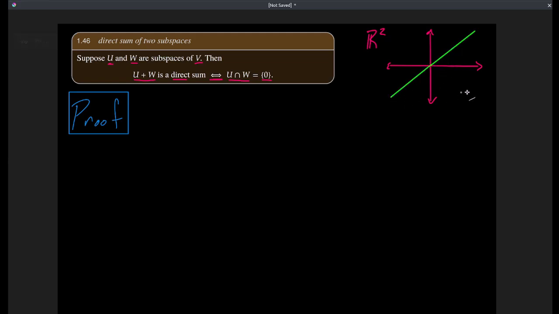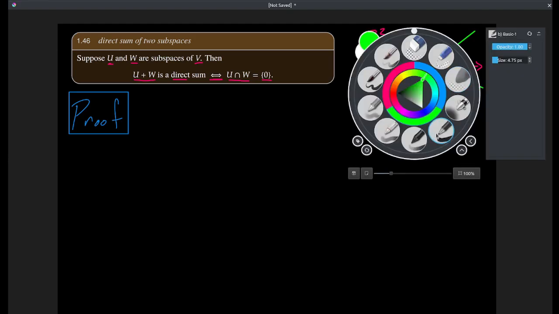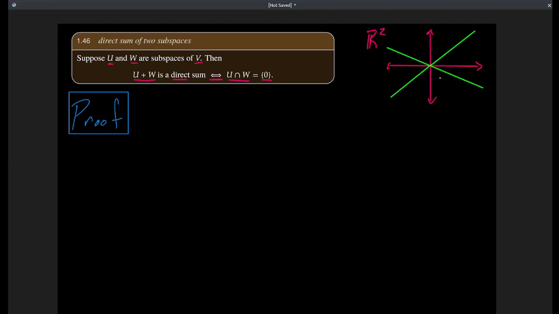Okay, here's one subspace. Pick any other subspace. It's got to be a line as well. Bada boom, the only time it's direct is when the only place they cross, here I'll put a different color, is right at 0. Only intersect at 0. Okay, so let's prove this.